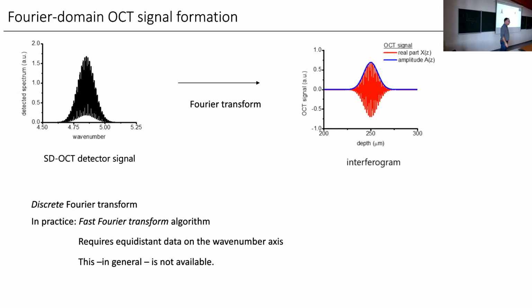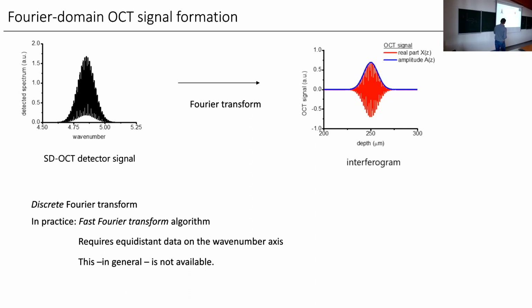The Fourier transform, as we write it down in the slides, is of course a mathematical construct. If you do it on a computer, you have to use the discrete Fourier transform, which is possible, but that algorithm by itself is pretty slow. So the advantages you get from using the spectral domain would be lost because your computation time gets too high.